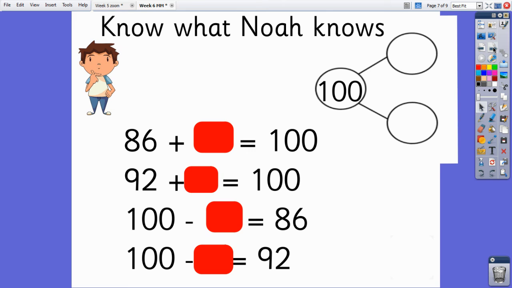We're going to move on to know what Noah knows. And today we're going to use our knowledge of our number bonds to help us with some bonds to 100. I'm going to read you the 4 equations, then I would like you to pause the video and work out your answers. 86 add blank equals 100. 92 add blank equals 100. 100 subtract blank equals 86. 100 subtract blank equals 92.